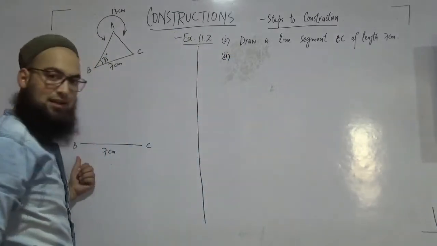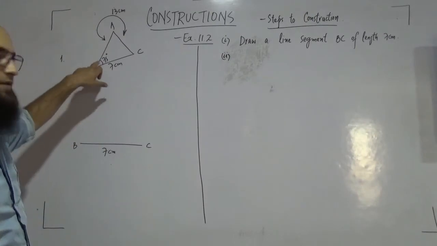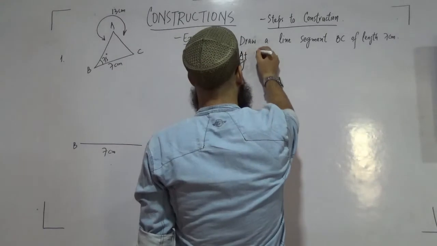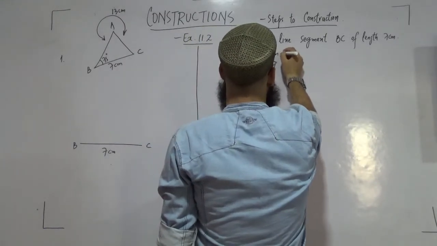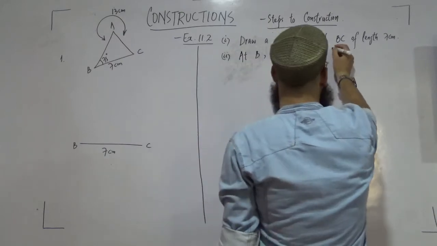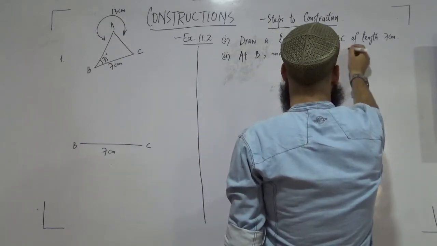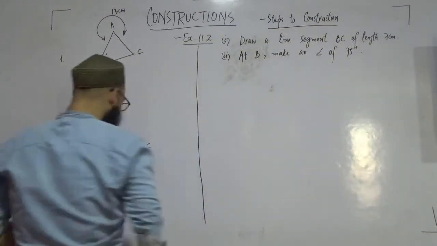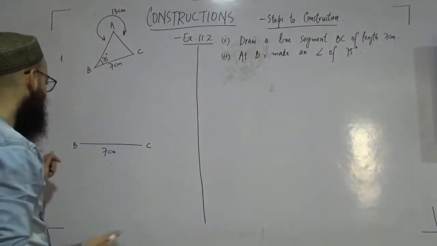Then at B, make an angle of 75 degrees. And you know how to draw an angle of 75 degrees.